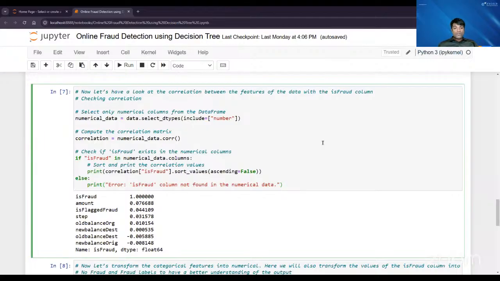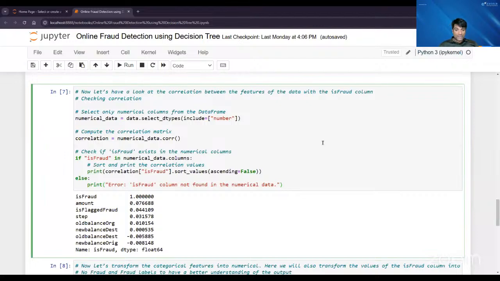For that, we are trying to identify the fraudulent transactions by creating a correlation matrix. Correlation is calculated for the numerical variables, or numerical data, in the data set.